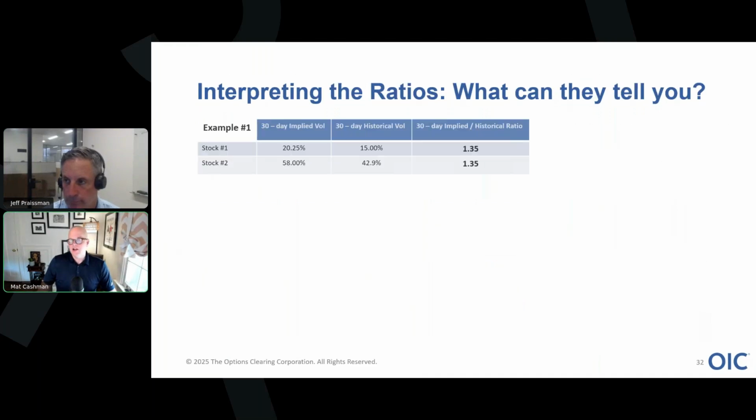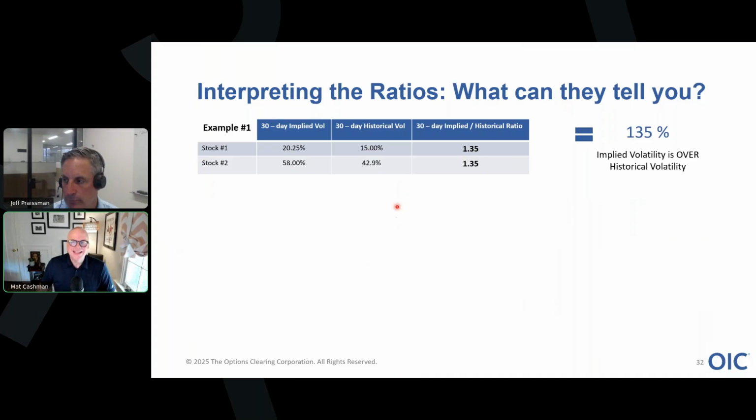Now, the thing that's interesting here is what they can tell you. When I said it removes some of your price anchoring, this is what I meant by it. These two stocks have the same implied historical ratio, 1.35, meaning that the implied vol is 135% of the historical vol.